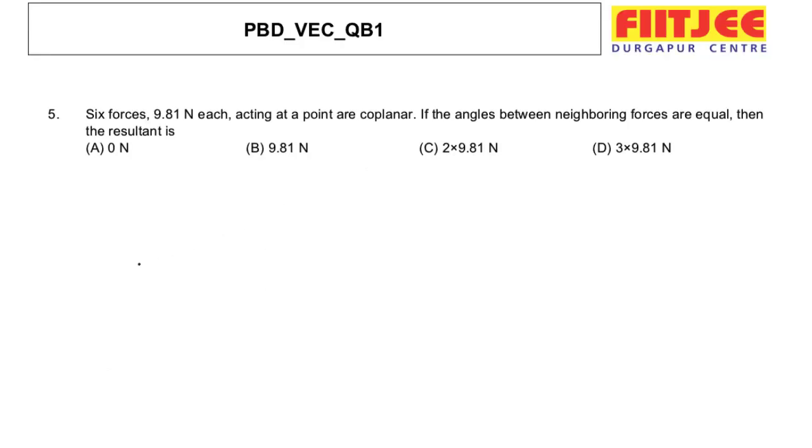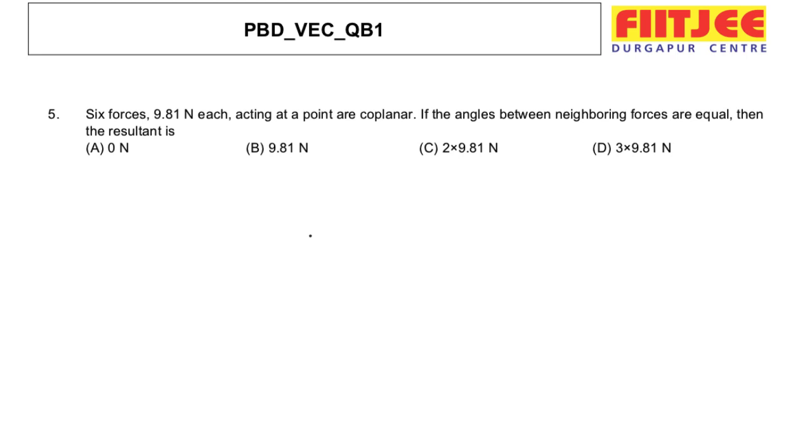So what do we have in this question? It says 6 forces, each 9.81 Newton, act on a point, coplanar. If the angle between neighboring forces is equal, what is the resultant? It's pretty simple, because the angle between the forces is equal, so the 6 forces must make a regular hexagon.